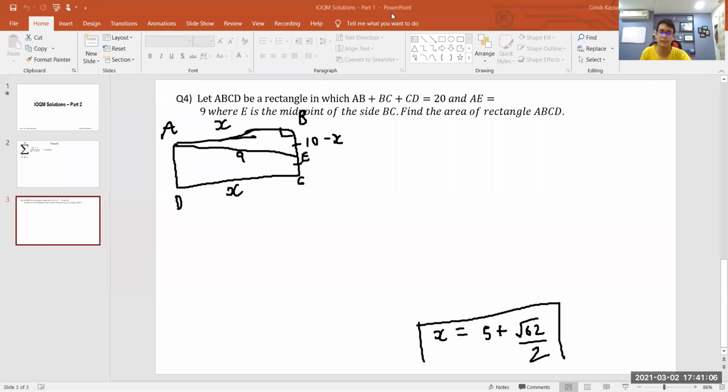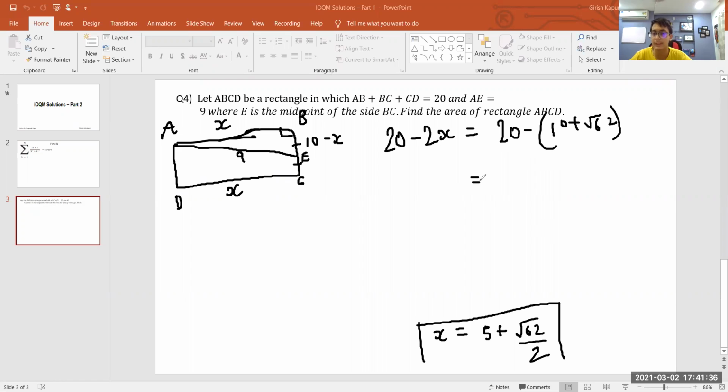Alright, so the only part left is to finish this, and now we find 20 minus 2x, which is, let's see, 20 minus 2 times 5 is just 10, and you just add a root 62.